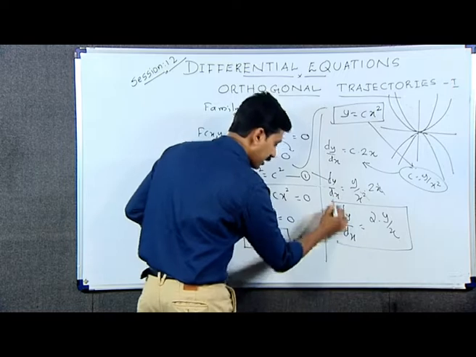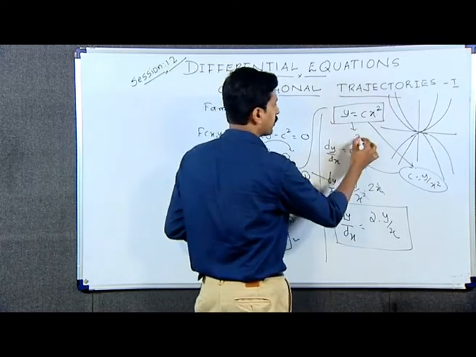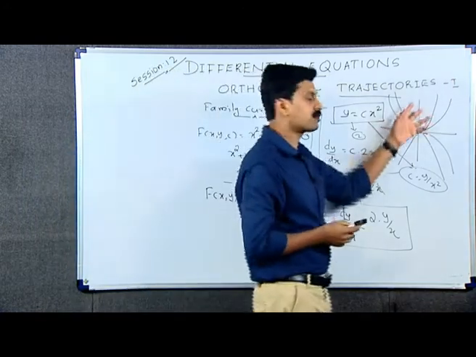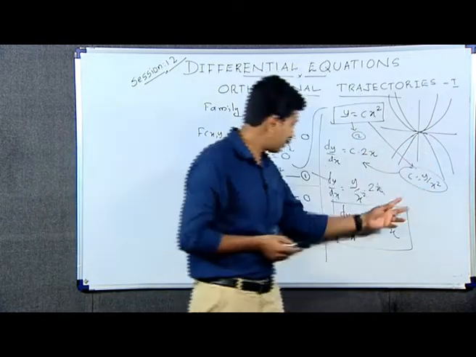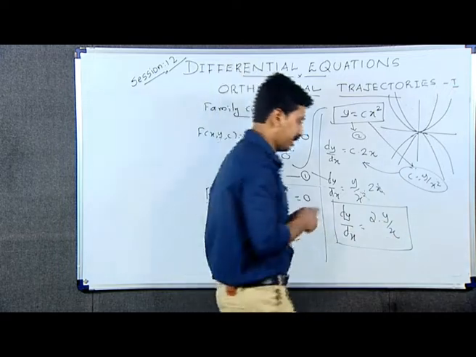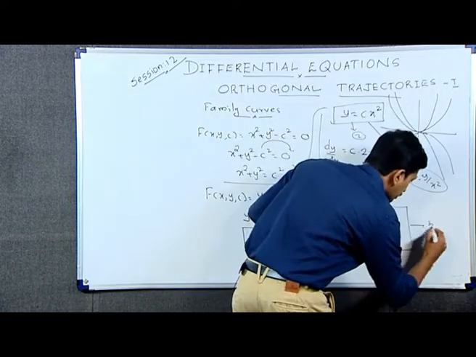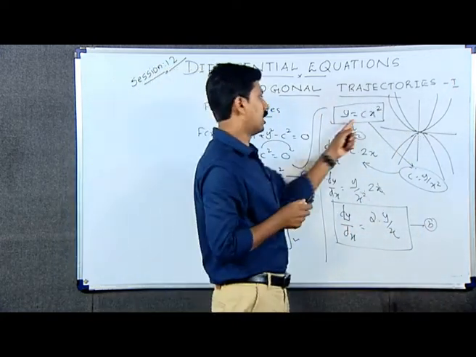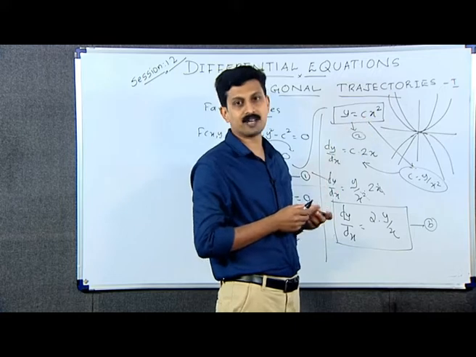This is the differential equation corresponding to the collection of all parabolas which are symmetric about the y axis. If you solve this differential equation b, you will get the equation of the parabola.